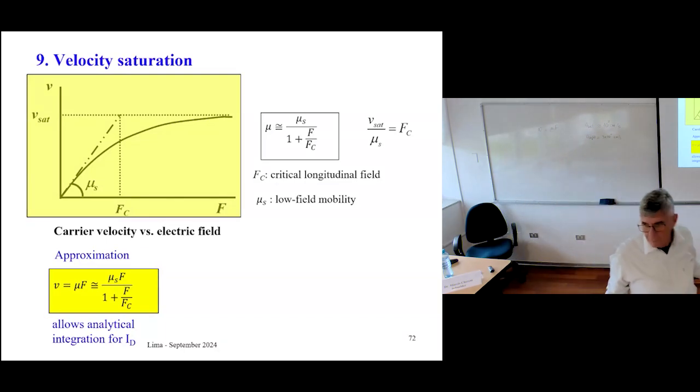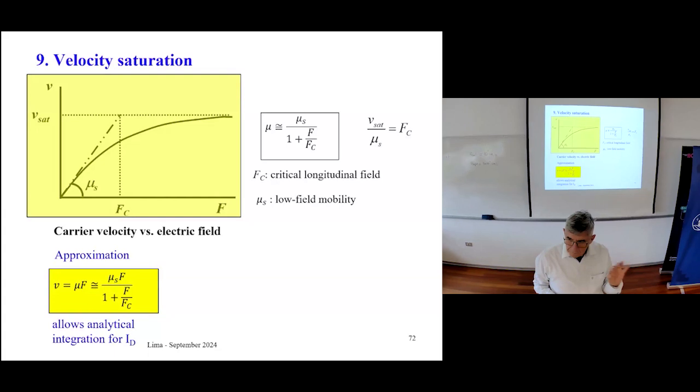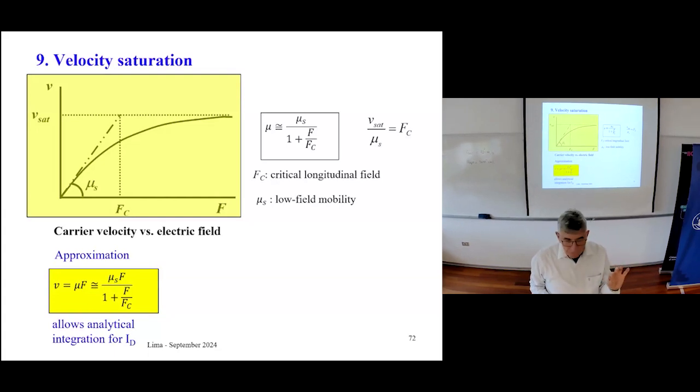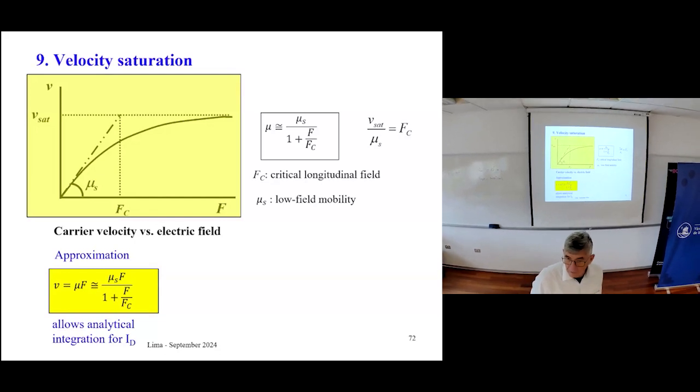Why such a low limit? Because the electrons and the holes don't move without collisions. They are always submitted to interaction with the silicon crystal. So they have what we call the Brownian motion.